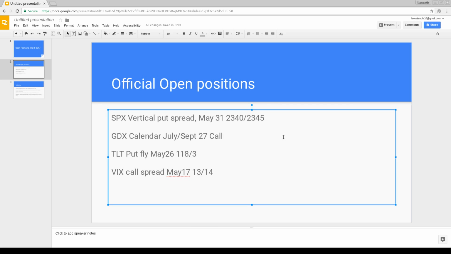And the idea of this play is that something will happen next week or the week after. The volatility has been so low that something has to happen. So that's the whole point of the call spread. The whole point is to make it pay really nicely. It will pay $1, so it's almost 10 times the cost. So we'll see.